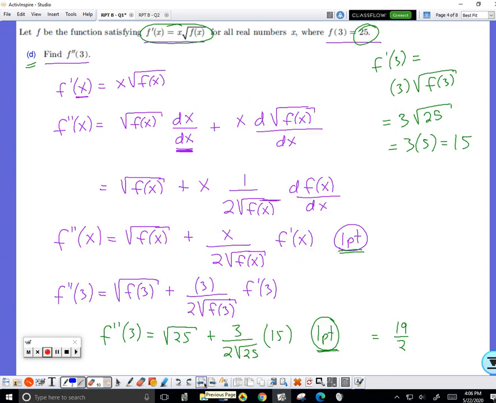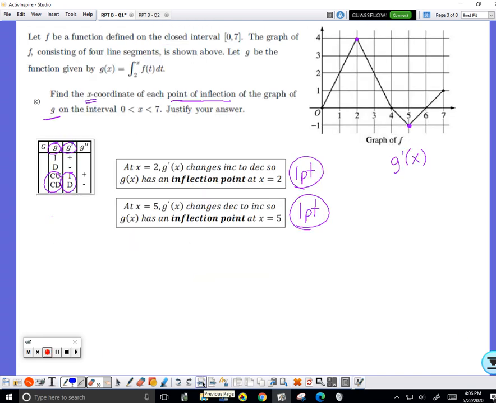Part D was 2 points total. Puts us at 9. Part C was 2 points total. Puts us at 11.